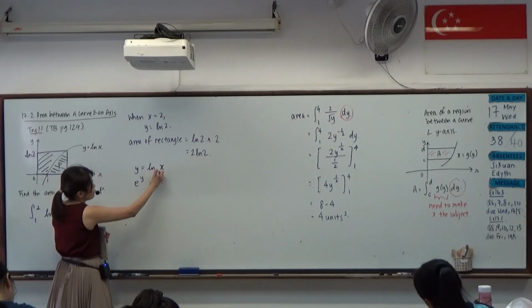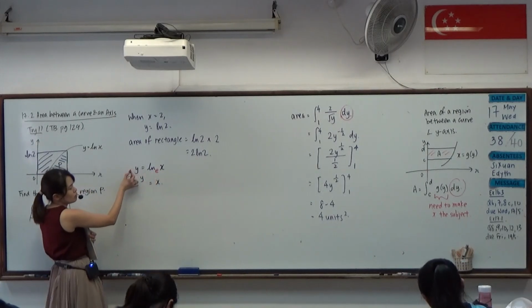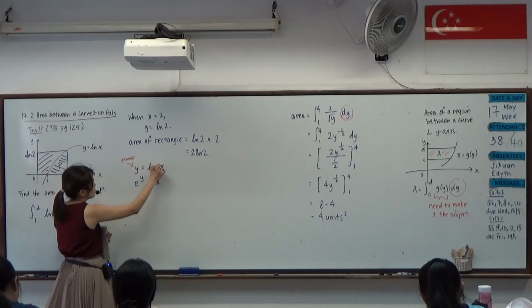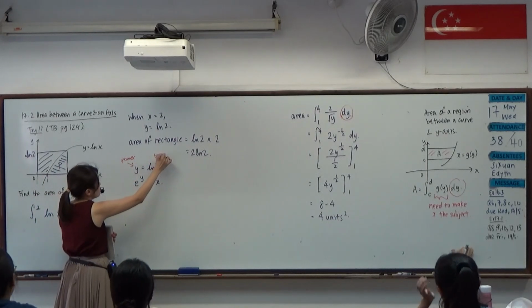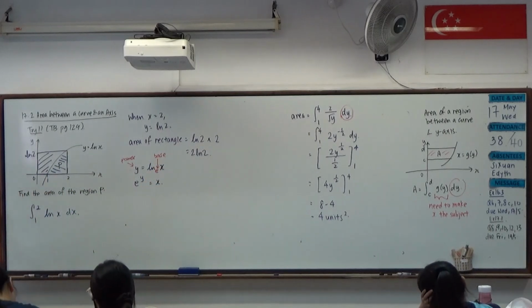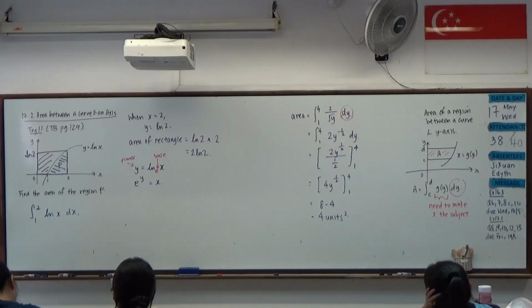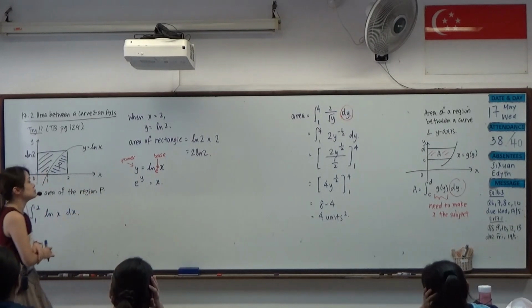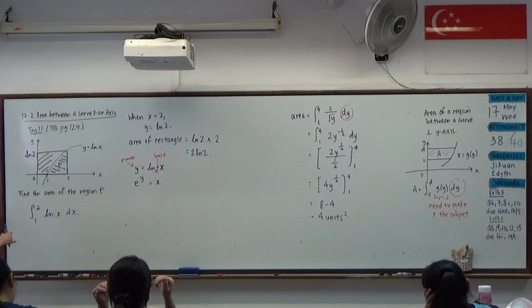It's always base to the power of this, so this will be the power, this one base, and then it goes to x. So it's a change of ln form to exponential form, the logarithmic form to indices form. This one is covered last year. So x equals to e to the power y.